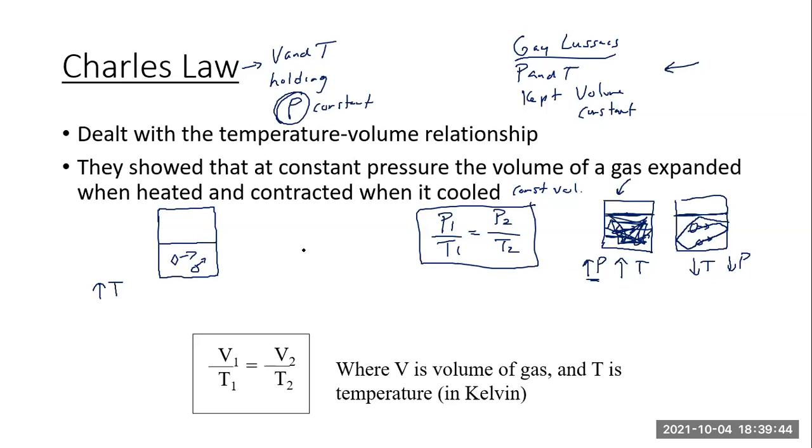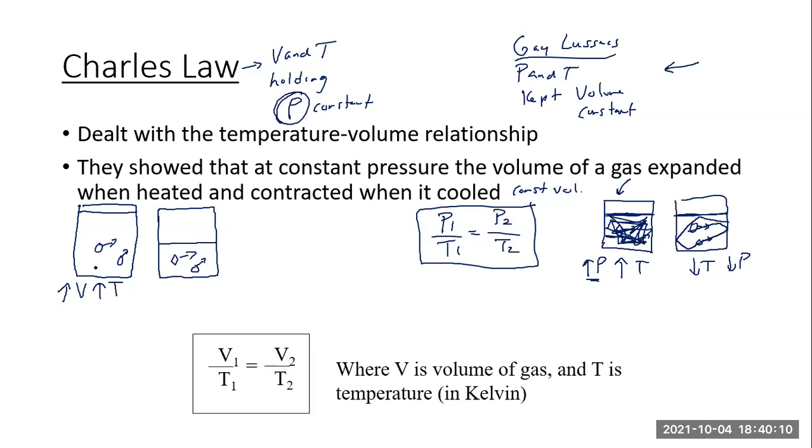But in order to keep it at constant pressure, what ends up happening is, because those gas molecules are now moving around a lot faster, we're going to get a much greater increase in the rate of collision. That would bring our pressure up. But to keep the pressure constant, the volume of the container needs to adjust, and the volume goes up.